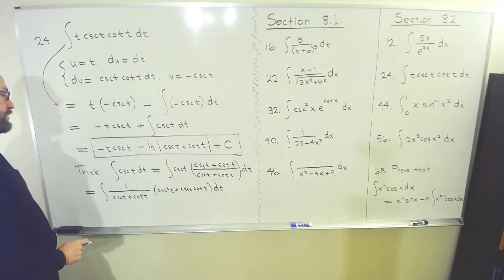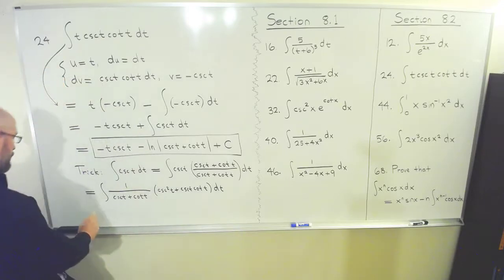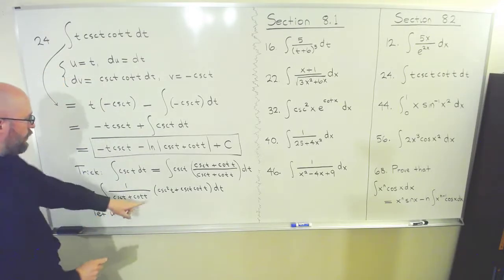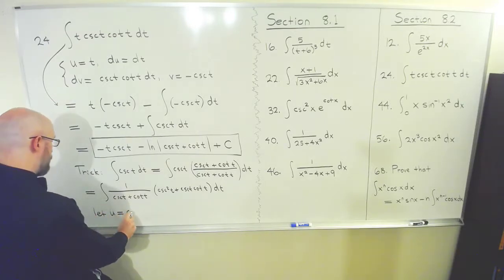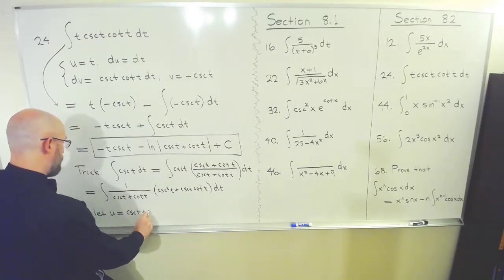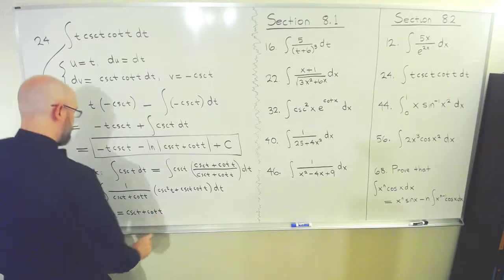Now I'm going to make a u substitution, or I'm going to say let u equal what's in the denominator here. So this is cosecant t plus cotangent t.